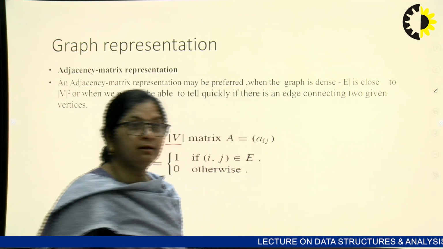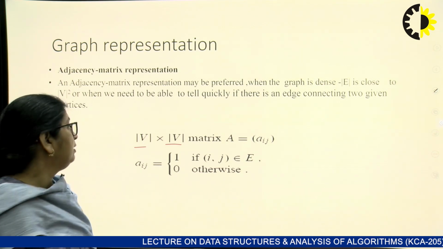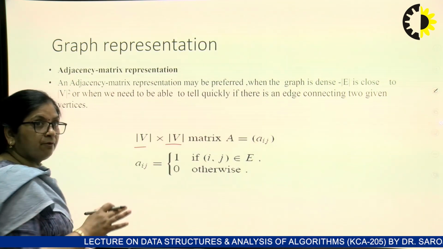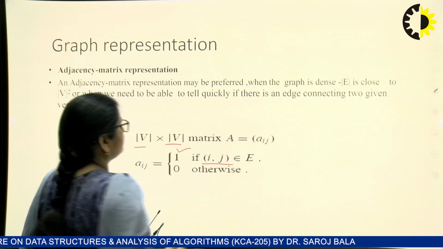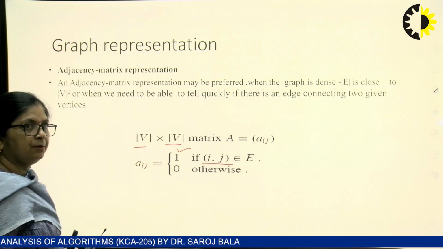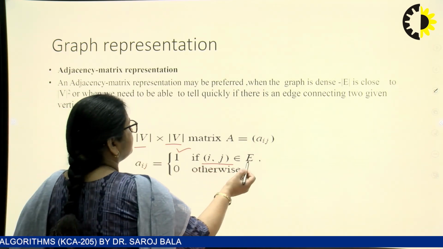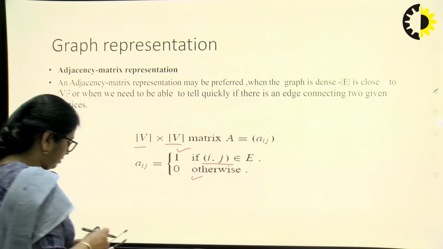So we will make a two-dimensional array, which is a matrix. Now what will be the entries of the matrix? We will make an entry 1 if an edge exists from i to j. So Aij will be 1 if the edge ij exists, otherwise it will be 0.